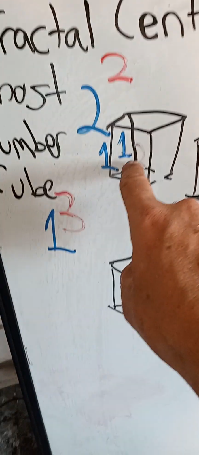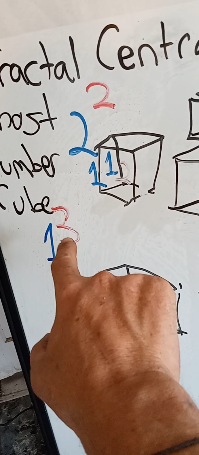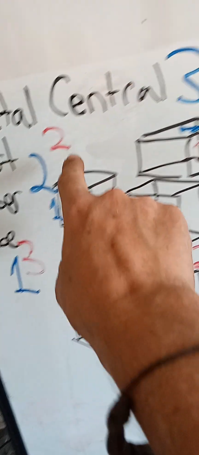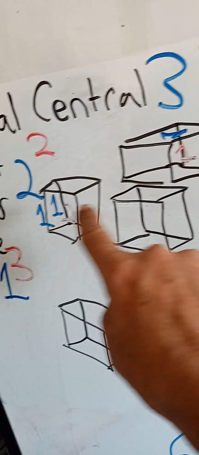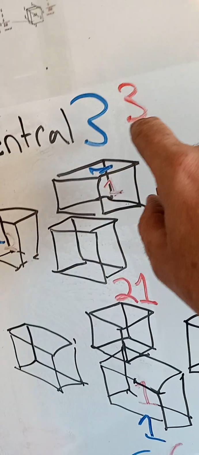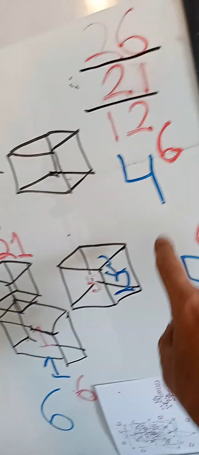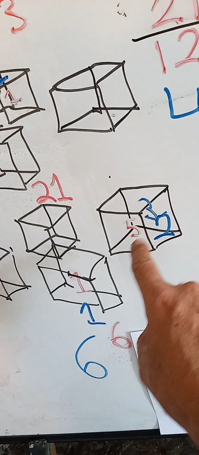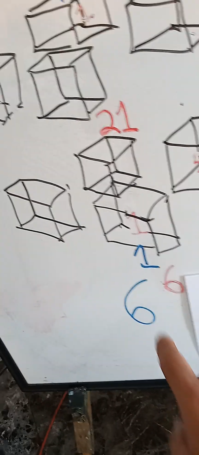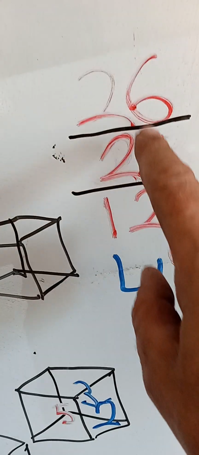But their combined central ghost numbers on each side facing the primary numbers makes this actually a 3, this a 2, that should be a 3, I think, and this a 3, and this is 6, because you got 1 right here, and 5 right here, 6, and this is 6, because you got 3 and 2, and 1 right here, 5 and 6, and this is just a 6, but that should be a 3, so that would make this 27 instead of 21 as the central ghost number.